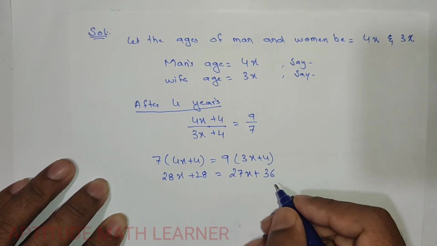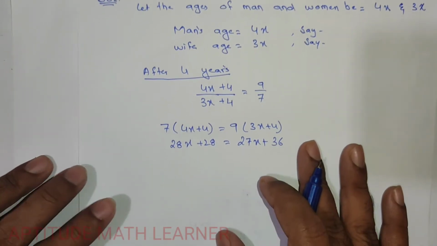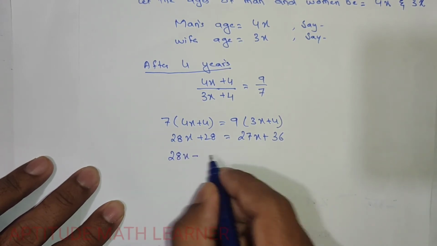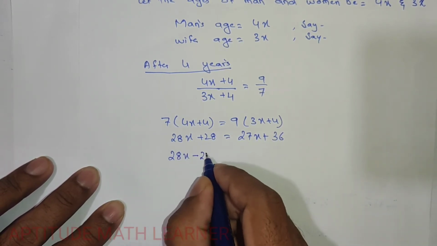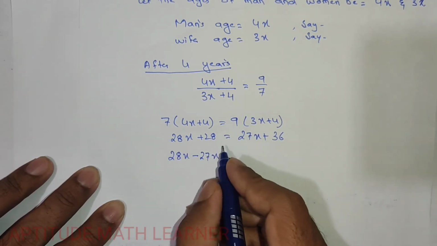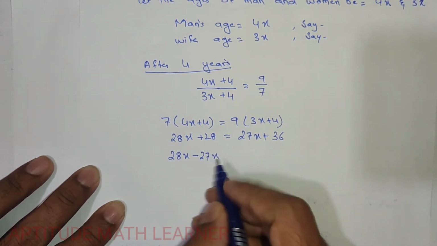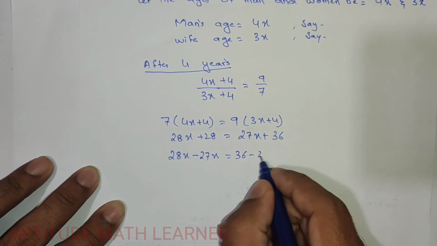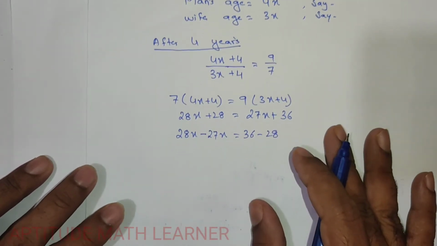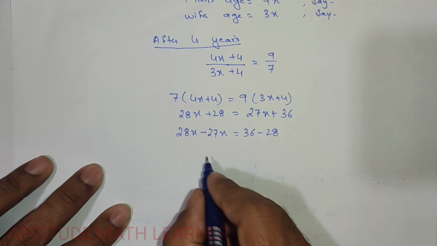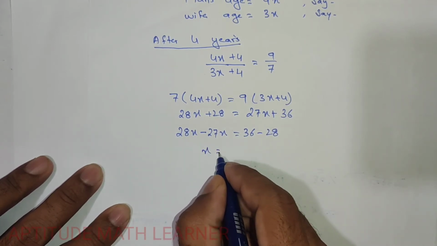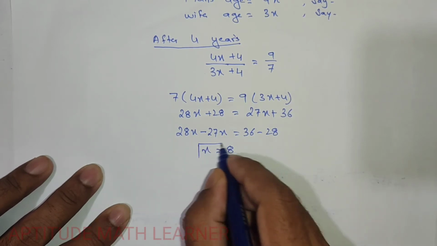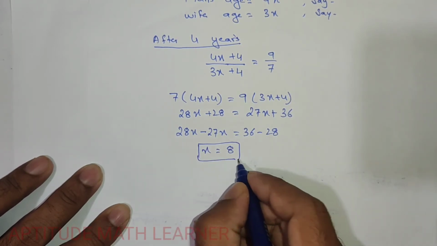So it becomes 28x minus 27x is equal to 36 minus 28, and if we simplify it, we get x is equal to 8. So we have just got the value of x.